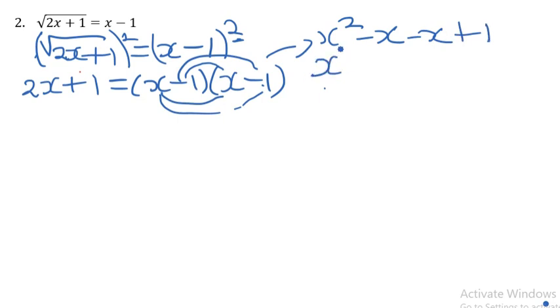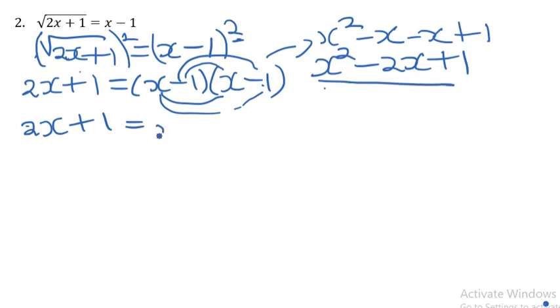So this gives us x squared minus 2x plus 1. Now we come back: we have 2x plus 1 is equal to x squared minus 2x plus 1.